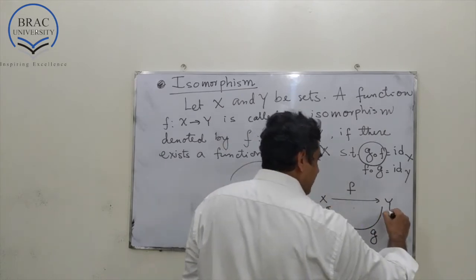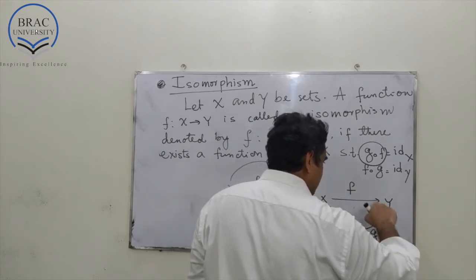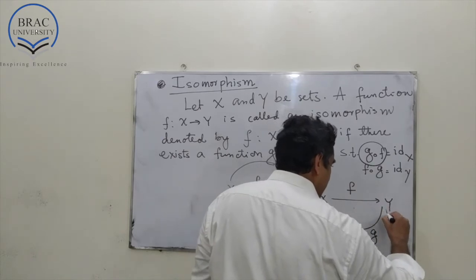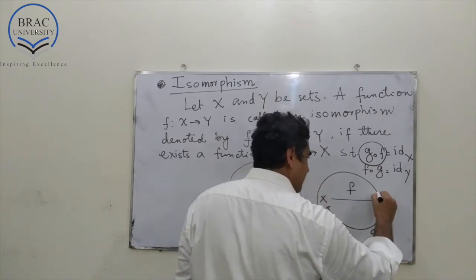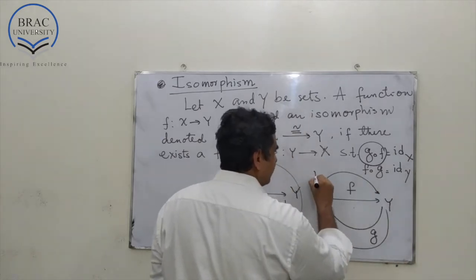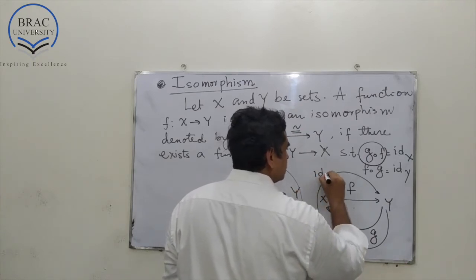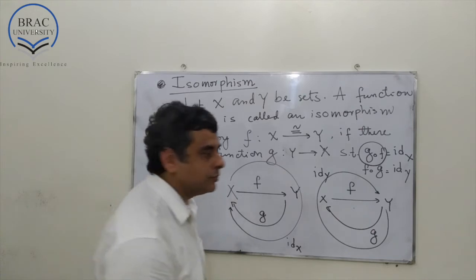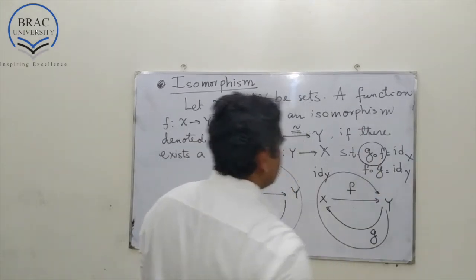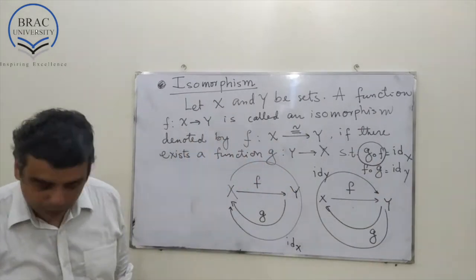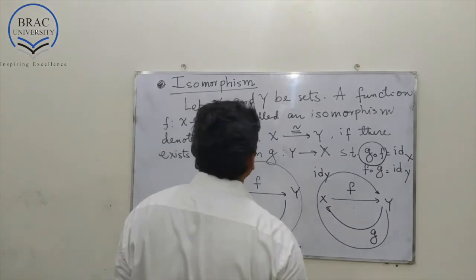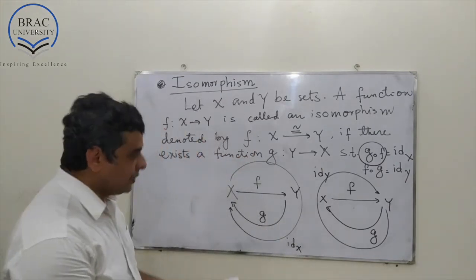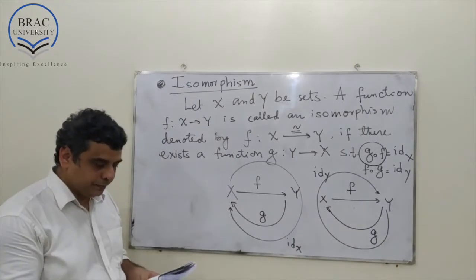And we demand that this morphism is precisely the identity function on Y. This is the way we remember these two conditions. So this is the definition of an isomorphism.